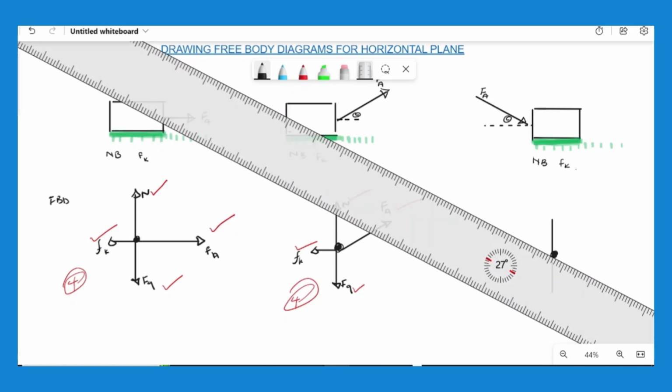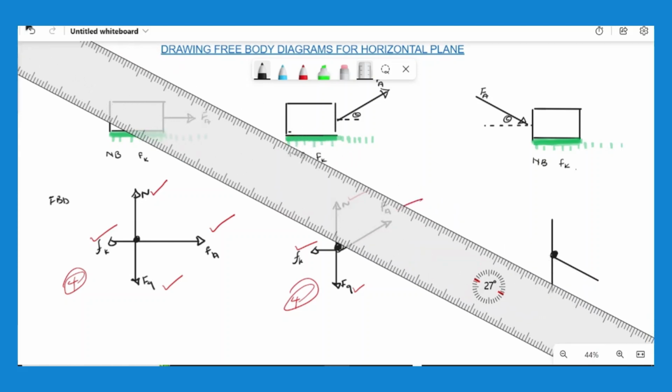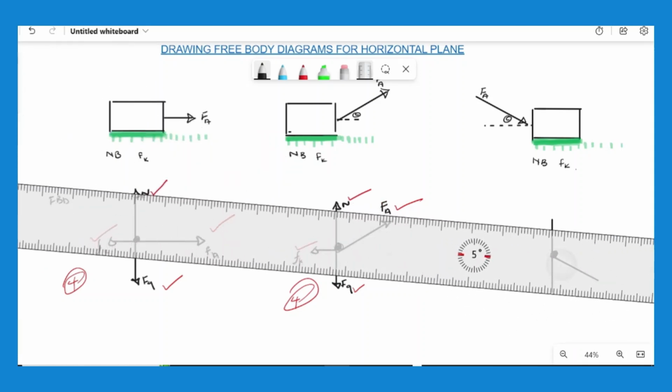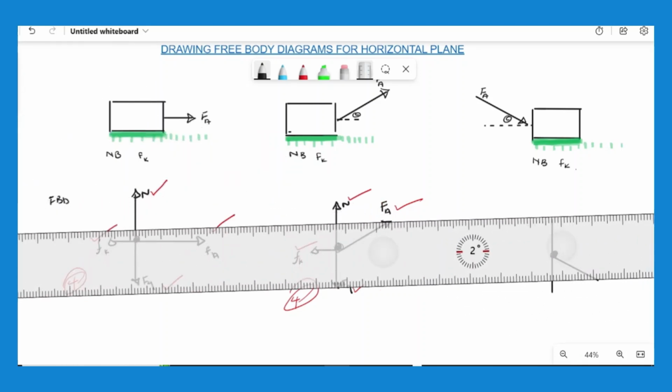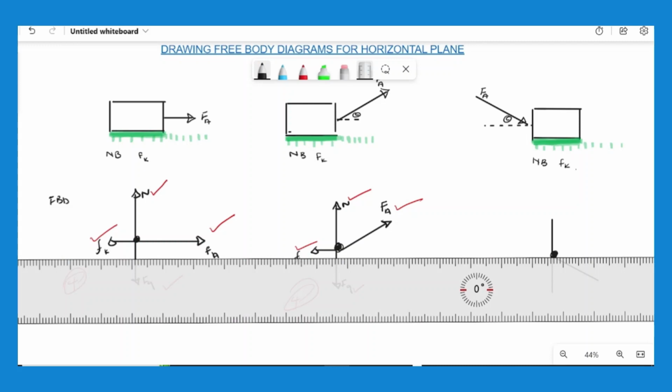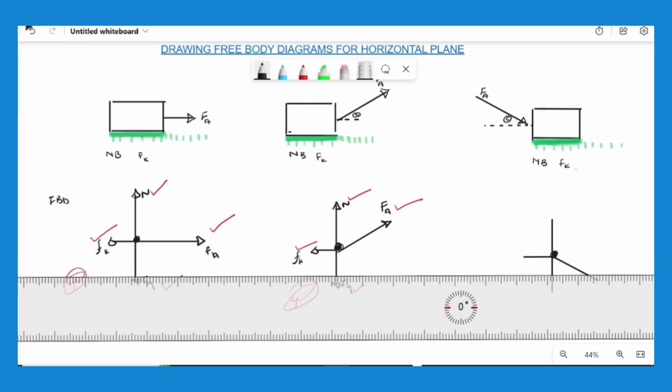So this force is going to be like this. In order for this force to point away from the dot, it's going to be like that. And we draw our frictional force, which is the force that is opposing the motion of the object in this direction.